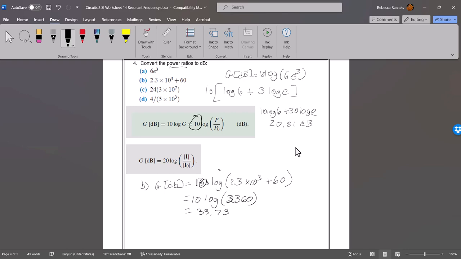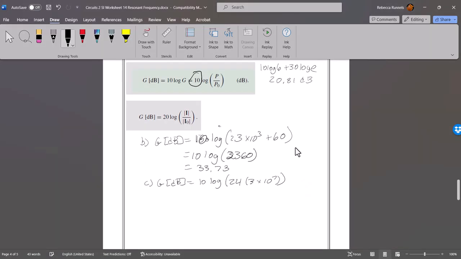That's different than in part C, where it would be 10 times the log of 24 times 3 times 10 to the 7th. Well, this is all multiplied, so I could make this 10 times the log of 24 plus the log of 3 plus the log of 10 to the 7th.